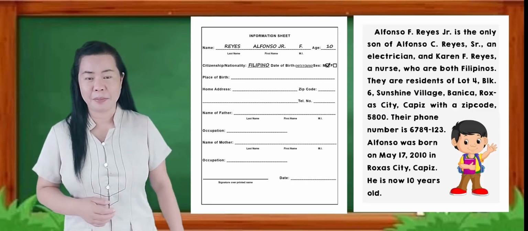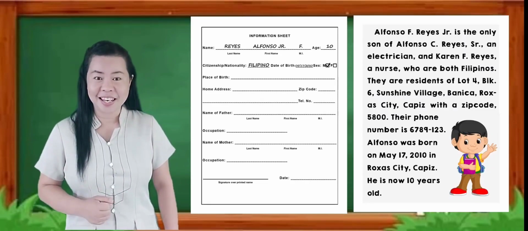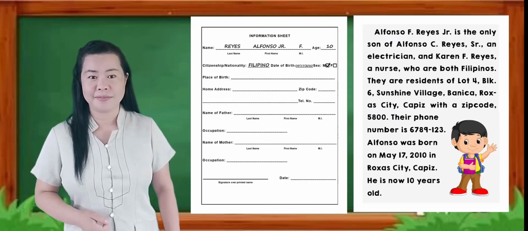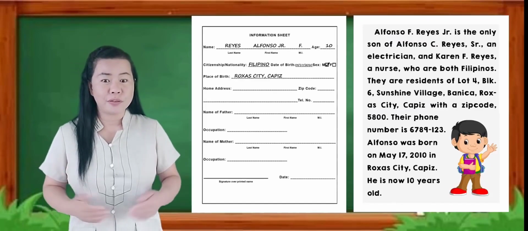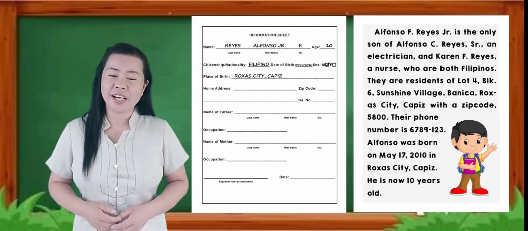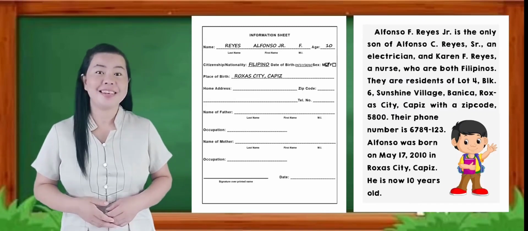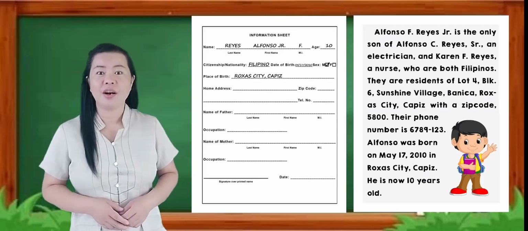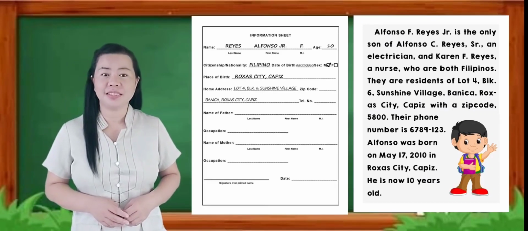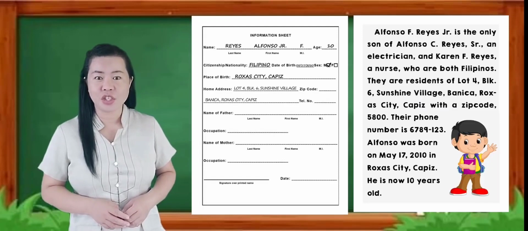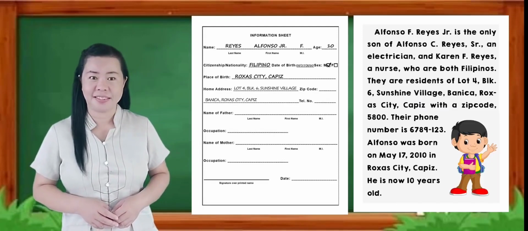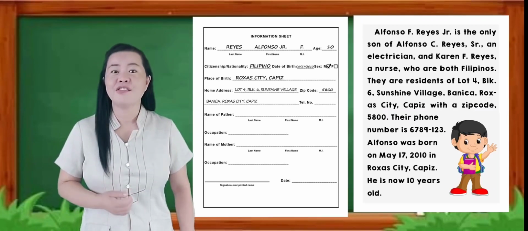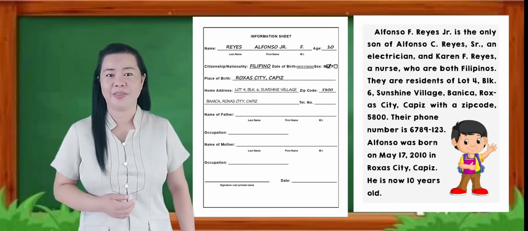For his birthplace, indicate the city, the municipality, or the province where he is born. As for Alfonso, he was born in Ross City, Capiz. Next is the address. Write the complete address, Lot 4, Block 6, Sunshine Village, Banica, Ross City, Capiz, and put the correct zip code, which is 5800.